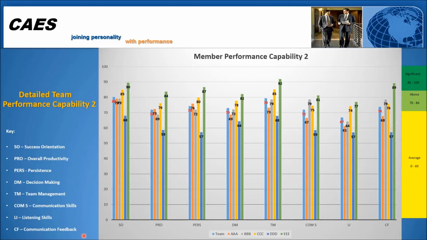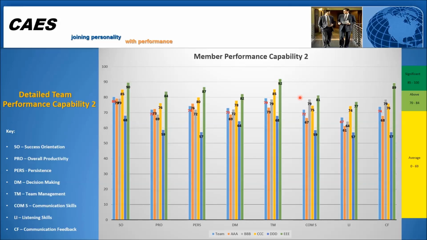Again, as we move from the average score on the previous charts to a more detailed chart, we get a greater perspective on the differences between the team members. We still have our average scores in the blue bar with the red numbers on the left, and then our team members to the right. Immediately what we notice is team member E scored consistently higher than the other team members on all of these characteristics.